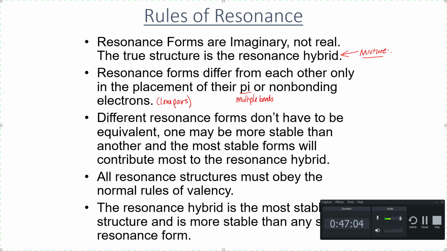But some resonance forms will be contributing more, and some will be contributing less to the resulting hybrid. So the hybrid will look more like one and less like the other. Right? I mean, you can apply that to any principle that really involves genetics. People, chihuahuas, any of those.